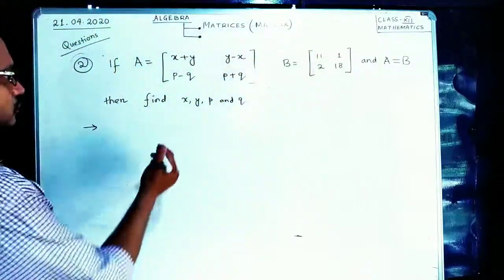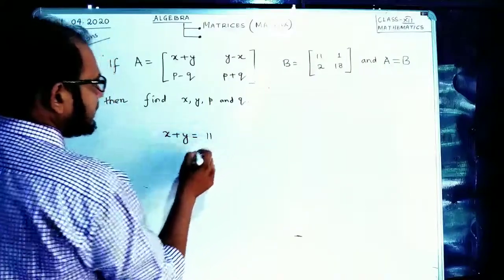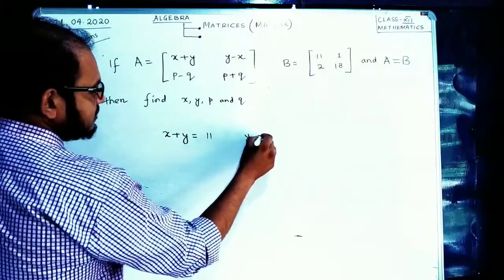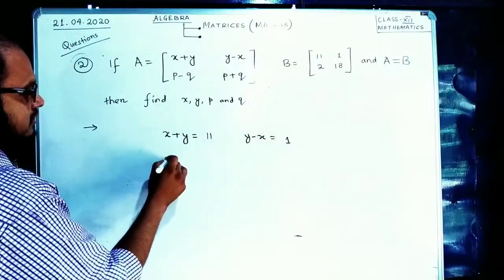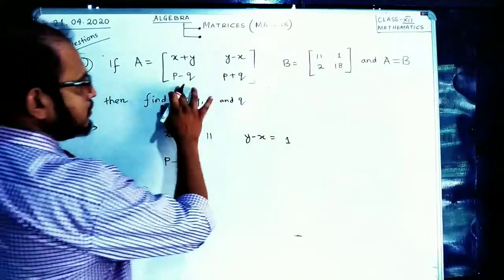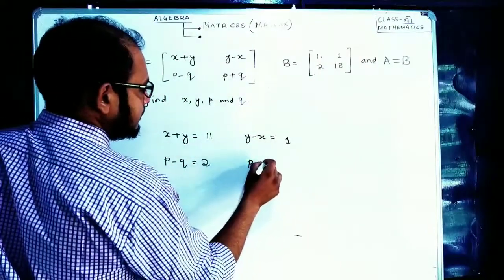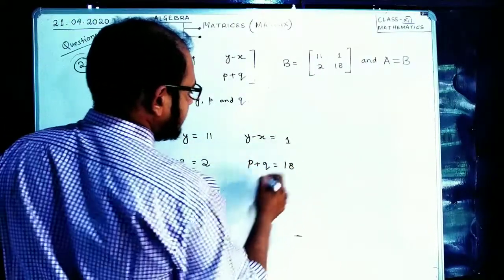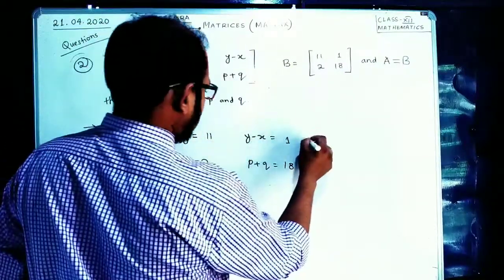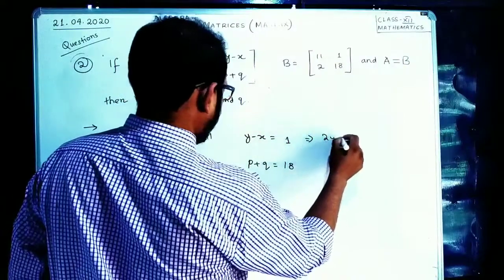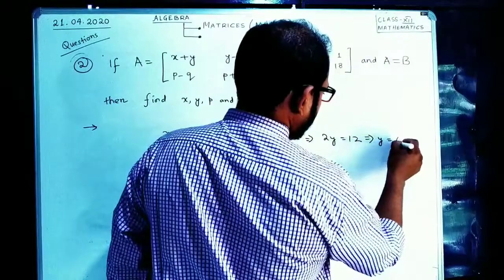So x plus y must be equal to 11, y minus x must be equal to 1, then p minus q must be equal to 2, then p plus q must be equal to 18. If you add these two, this one and this one, we will get twice y equals 12, so y equals 6.